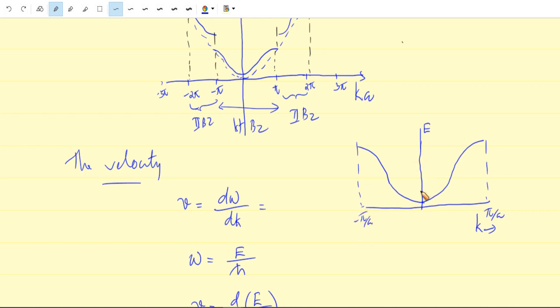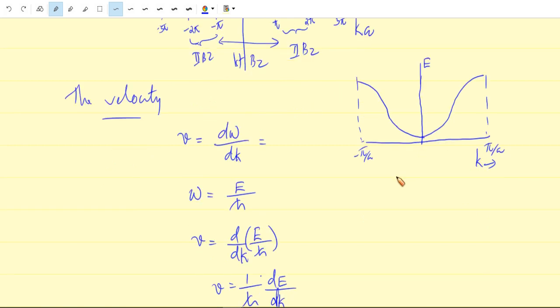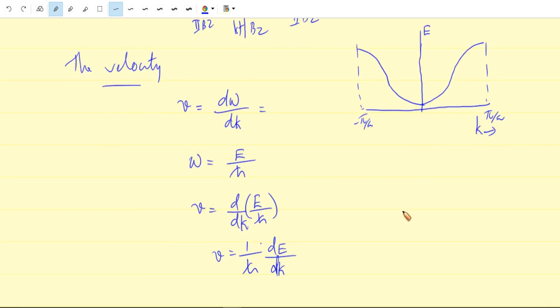If this is the E-k diagram, then we can find the velocity versus k diagram here. It is proportional to dE by dk. Here the slope is 0, the slope gradually increases, and here is the maximum slope, and again the slope decreases and becomes 0. So it will be like this, with maximum slope here.